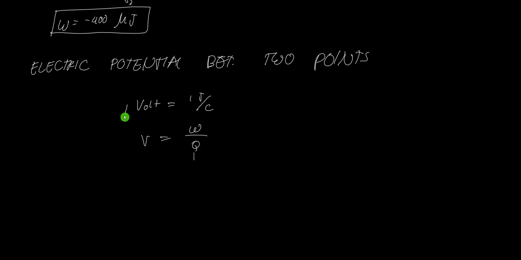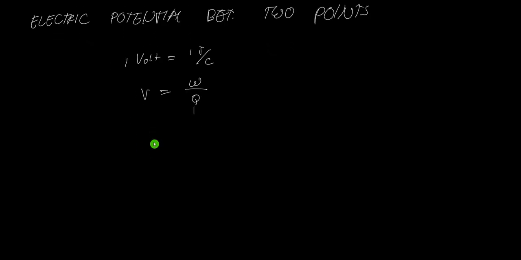Then, if it's between 2 points, for example, if I have a point charge here in 3 dimensions, this is our point charge, Q, and I want to determine the potential difference between this point and this point.